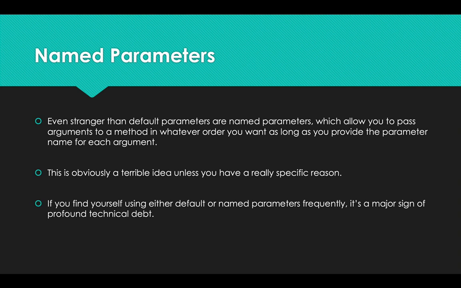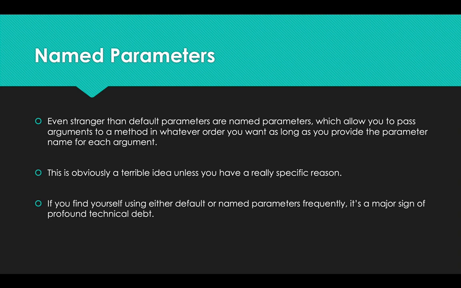The potentially more strange and bizarre language feature is called named parameters. What this allows you to do is take a parameter list for an existing method signature and jumble the order in which you pass the arguments. So let's say that you had 3 arguments, A, B, and C. If you wanted to provide A, B, and C out of order, you could specify the name C for the first argument, and even though it's passed as the first argument, it would not go into the A parameter, it would go into the C parameter.